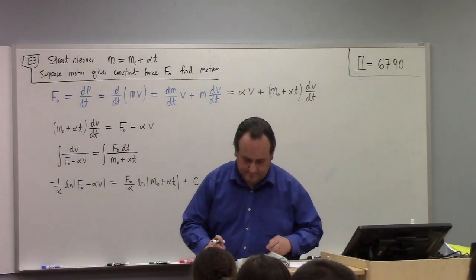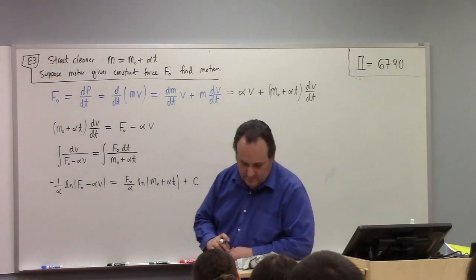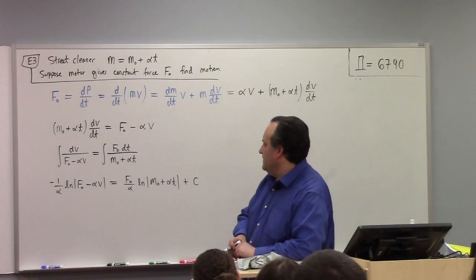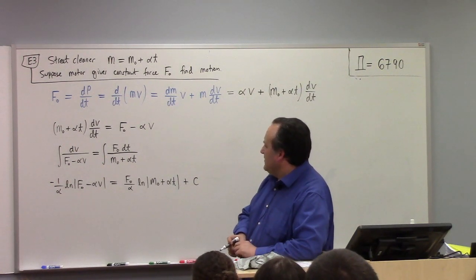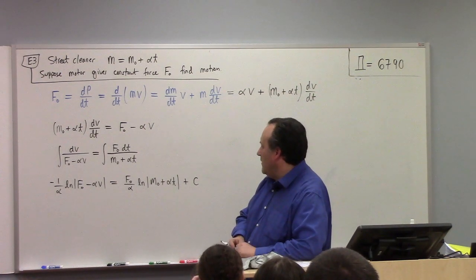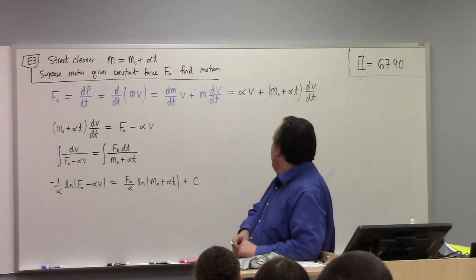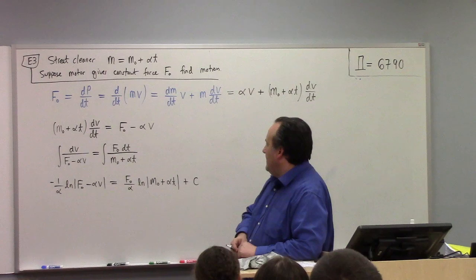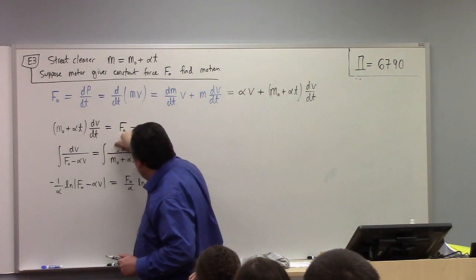Before you integrated, how did you get there? Did you divide? I don't know how I got f naught in both places. That doesn't seem right. Can you show your in-between step? I thought it would just be m naught plus alpha t over... Yeah, I think the solution is simple enough, which is to devote this to destruction.